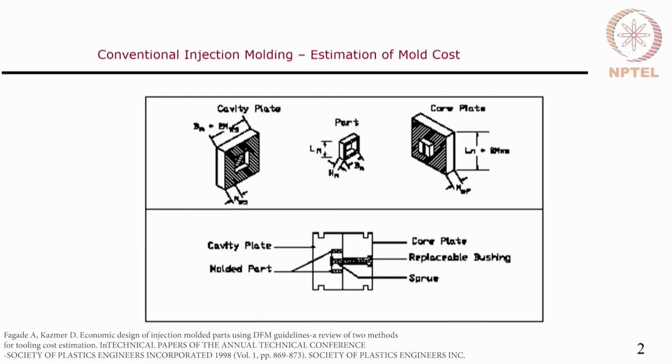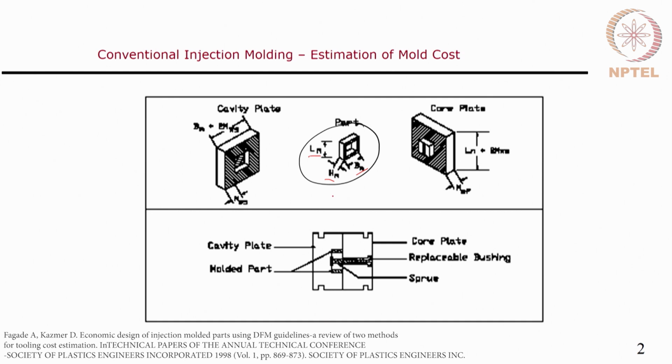We will understand a few terminologies before going ahead with estimating the mold cost. So, this is a part. These are the dimensions like height, width and length of the part.